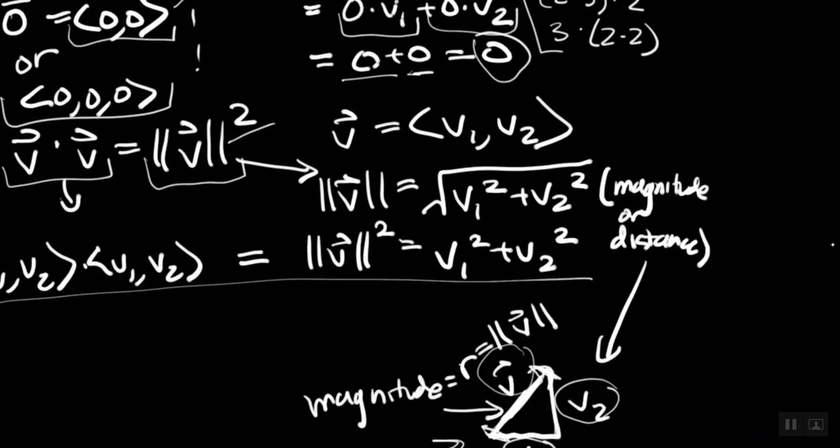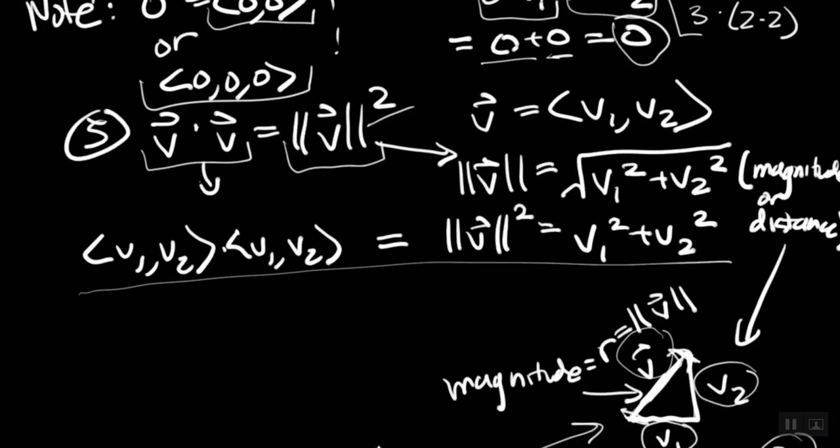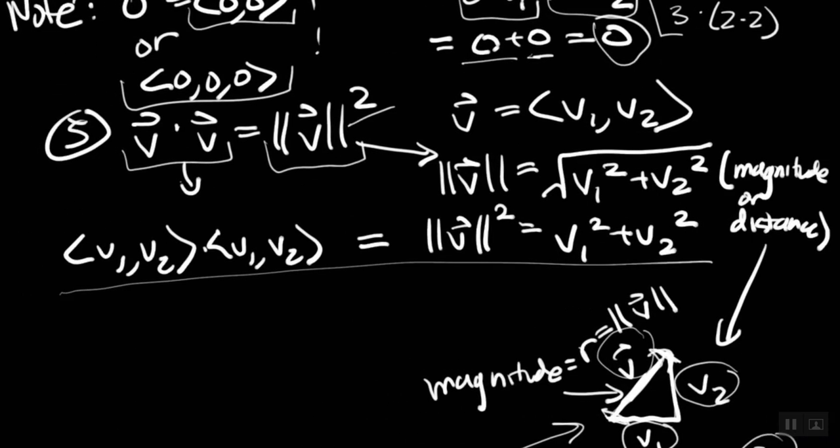So in this case, we can actually prove that the dot product of a vector and itself will yield the norm of the vector squared. So we know that the vector v can be represented by v1, v2, and we know that the norm of that vector is basically the square root of v1 squared plus v2 squared.